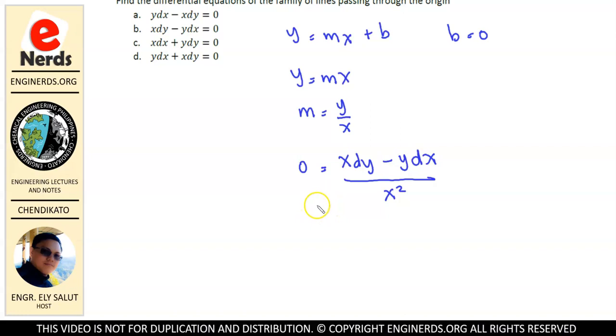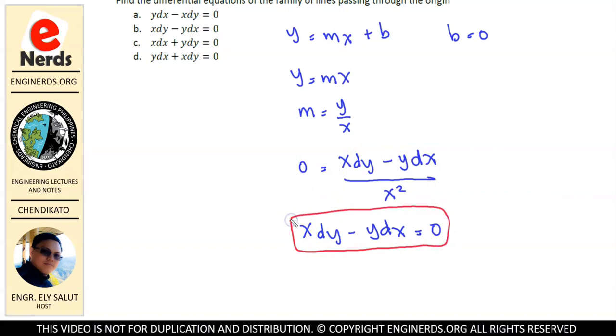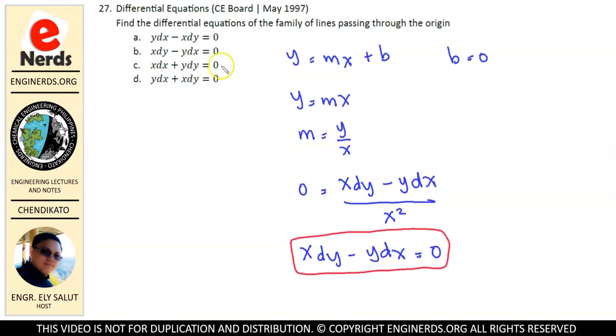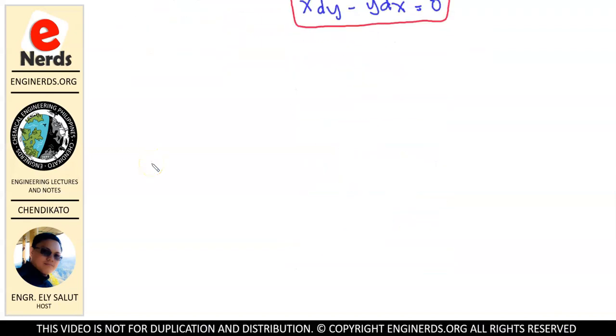So what we'll have here is x dy minus y dx is equal to 0. So this is our final answer here. The equation of our line, okay, that is passing through the origin. So alin siya dito sa ating mga choices? That will be letter B. X dy minus y dx is equal to 0. Okay? Now let's go to problem number 28.